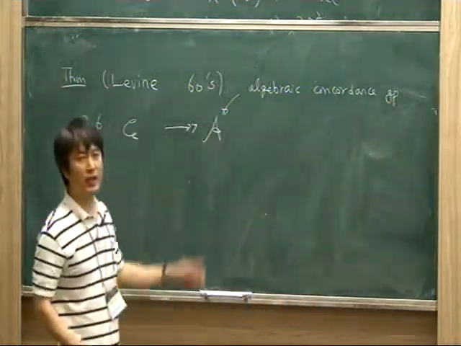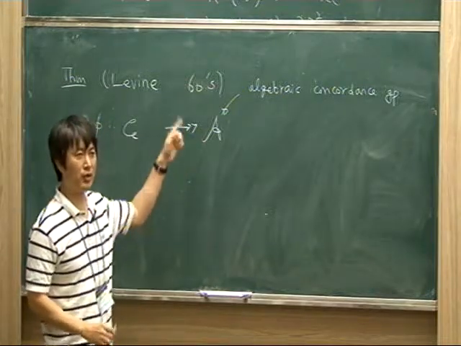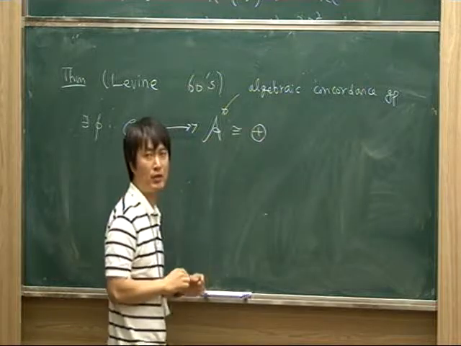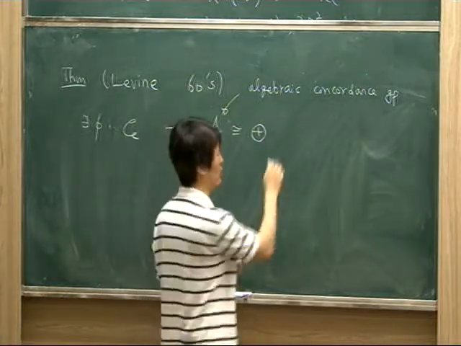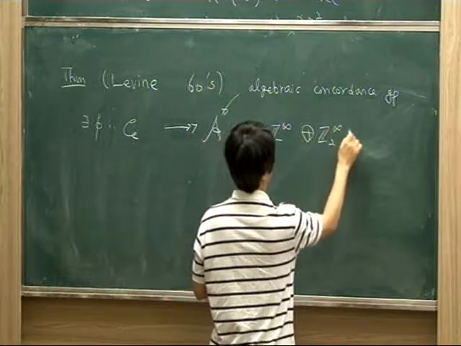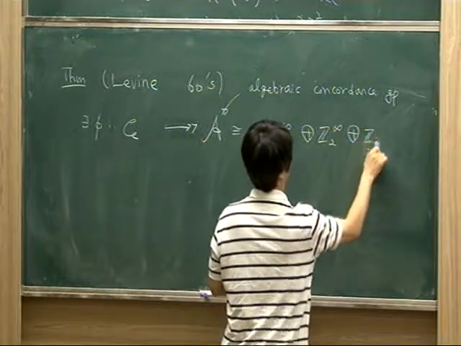And then he classified this group. It turns out that this is isomorphic to the direct sum of infinitely many copies of Z, Z2, and Z4.